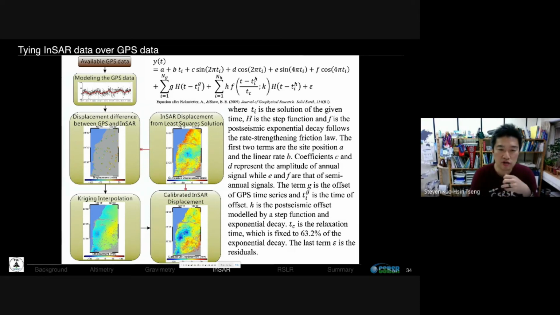So we utilize the GPS measurement. It tells us some scatter point motion of the land. And we try to use that to calibrate the InSAR data to make this free-rotational data attach to the GPS, whether it's ellipsoidal data or whatever data it is.